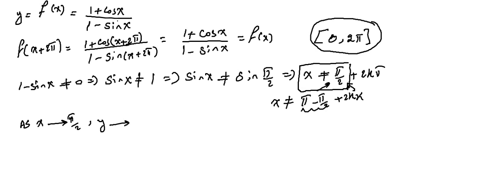It will be cosine pi over 2, which is 0, so 1 plus 0, it's 1, over sine pi over 2, which is 1, so 1 minus 1, which is 0. So y approaches infinity. In this case, what do we consider x equal pi over 2? It's a vertical asymptote.